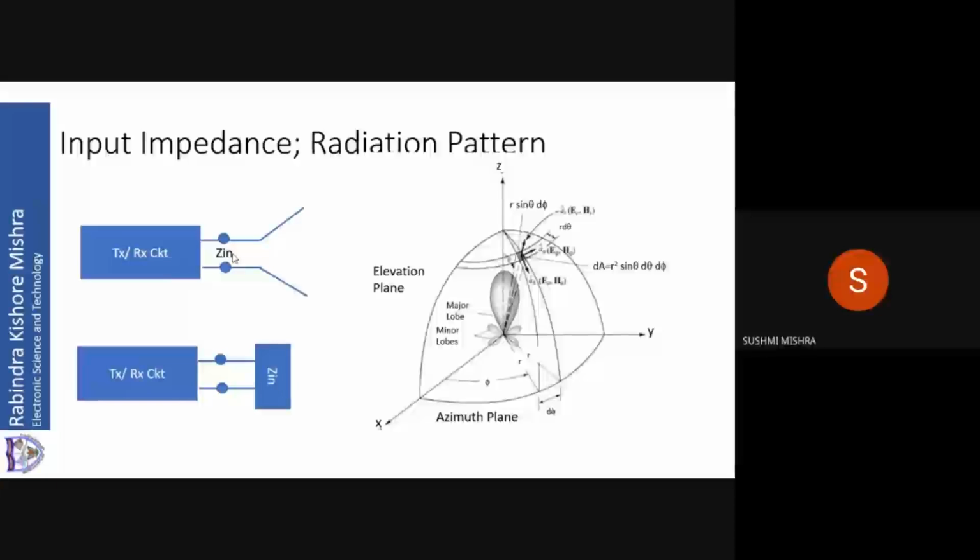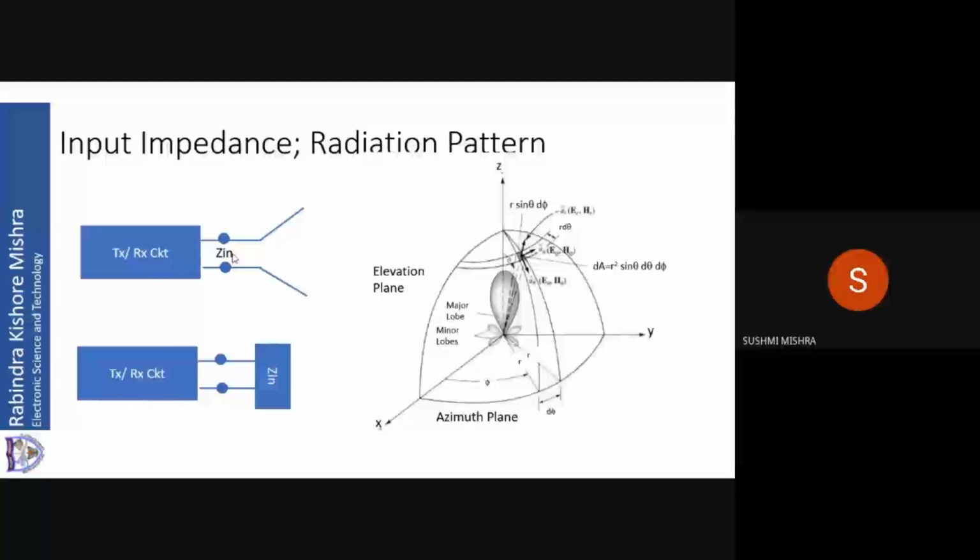So now, we discussed radiation pattern. We said, what is radiation pattern? We define it as the angular variation of radiation in the far field, not in the near field, not in the reactive near field or radiative near field, only in the far field.